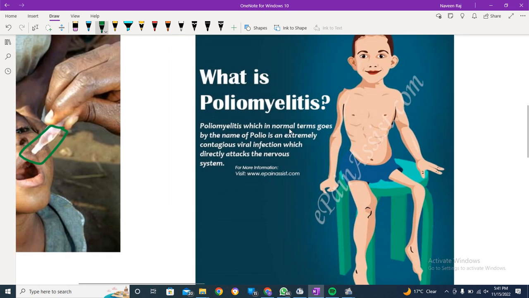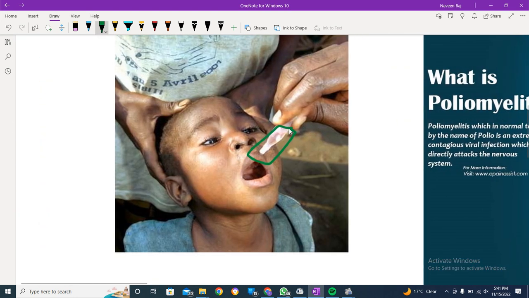We have several campaigns by the government, because they care about polio. It is one of the most spreading diseases. Don't take it easy. It is one of the most common diseases.